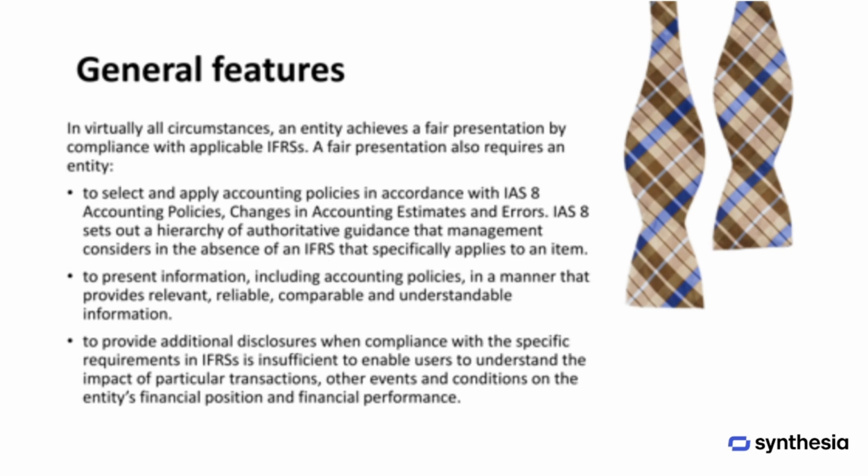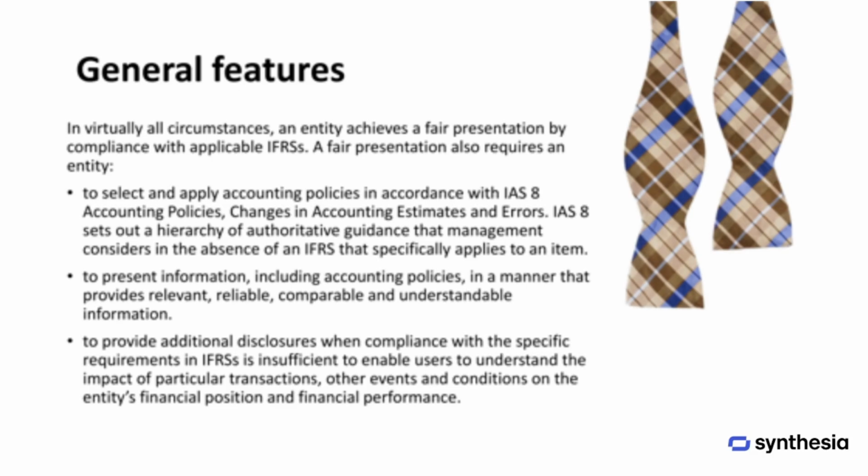Achieving a fair presentation under IFRS requires more than just following the standards. It also involves applying sound judgment to ensure financial statements are useful and meaningful. To achieve this, an entity must follow IAS 8 when selecting and applying accounting policies, ensuring consistency in financial reporting. If no specific IFRS applies to a particular item, management must follow a hierarchy of authoritative guidance to determine the appropriate treatment. Present information clearly so that it is relevant, reliable, comparable, and understandable.